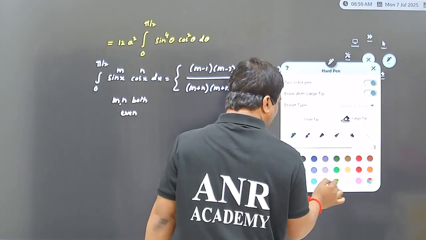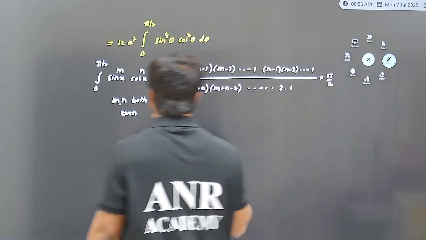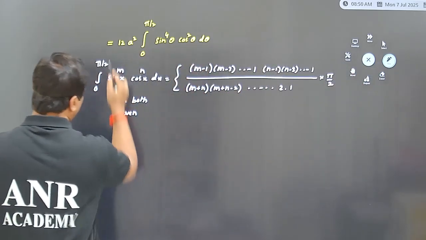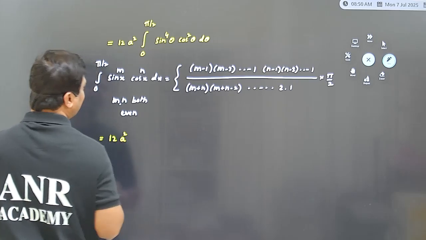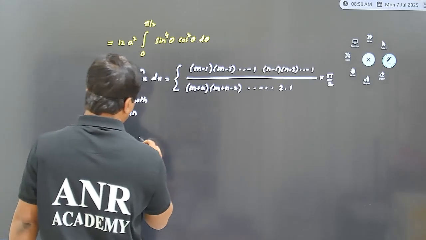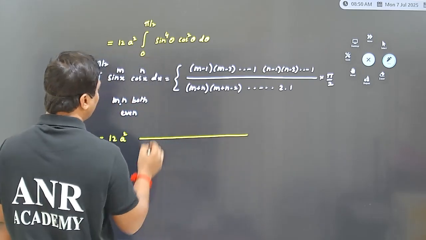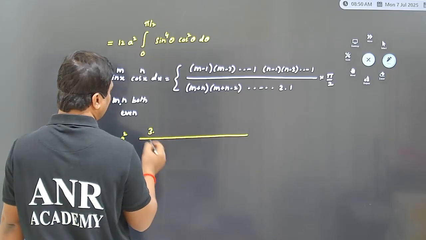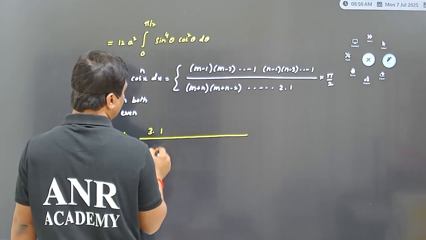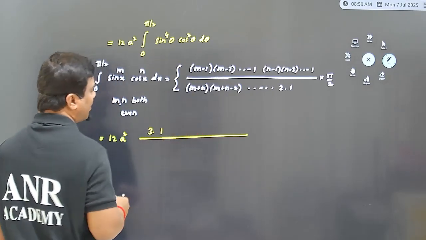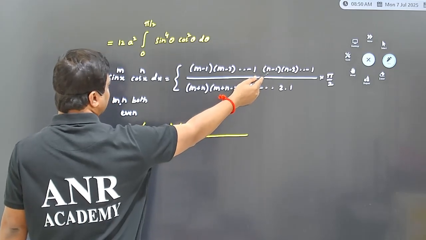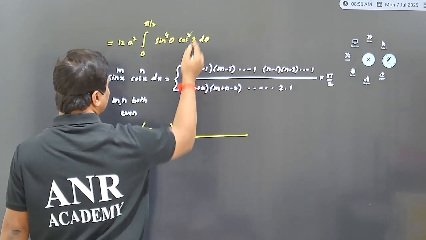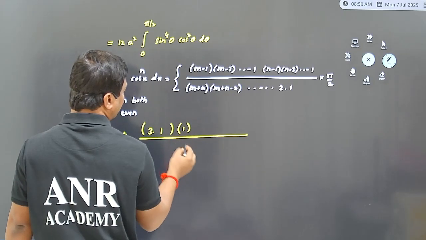So now I am going to substitute the values of m, n in this. You will get 12a square outside. Using this reduction formula, in the numerator we get 4 minus 1, that is 3. Next 4 minus 3, nothing but 1. And then n starts with n minus 1 up to 1. n minus 1 is nothing but 2 minus 1, that is 1.